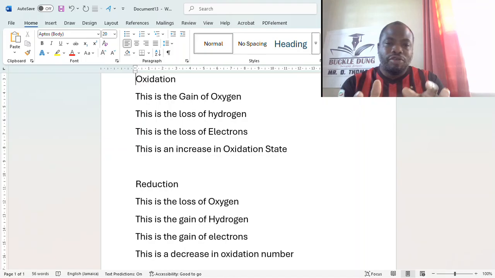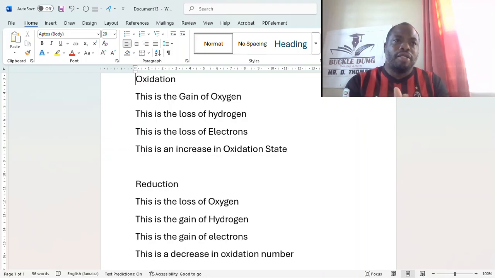So metals tend to lose their electrons. And so an atom of a metal is undergoing oxidation. So they're losing electrons. Non-metals, likewise, will be gaining electrons. And so they are being reduced.